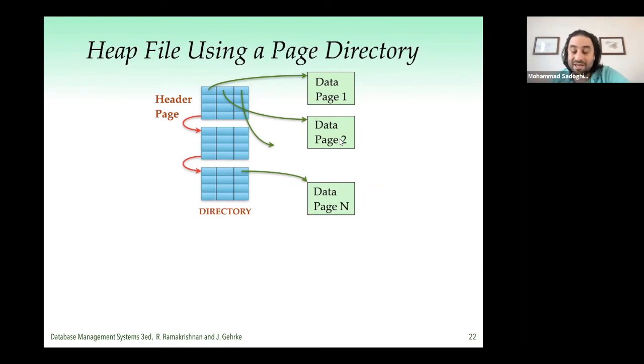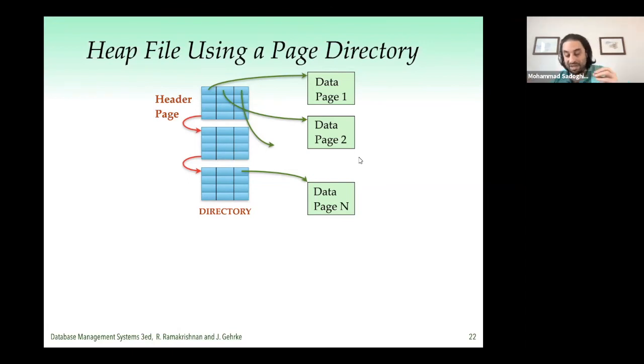It could also be the case that the RID itself, that page ID, is not a logical pointer. It's a physical pointer, meaning from that physical pointer, I know exactly the location of that page on the physical device. If it's a physical pointer to the physical device, then I can just do a direct lookup. But oftentimes that's a logical pointer.